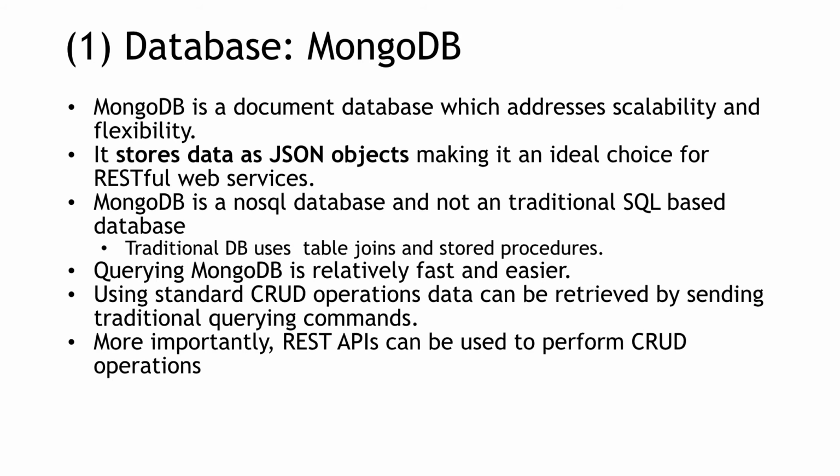MongoDB is a NoSQL database, so we don't have to worry about SQL database tables. And we don't typically use table joins or stored procedures that you're used to from traditional databases that are based on SQL paradigms. The querying of MongoDB, therefore, is relatively fast because I don't have to do any data translation, because the object is just given back to me.